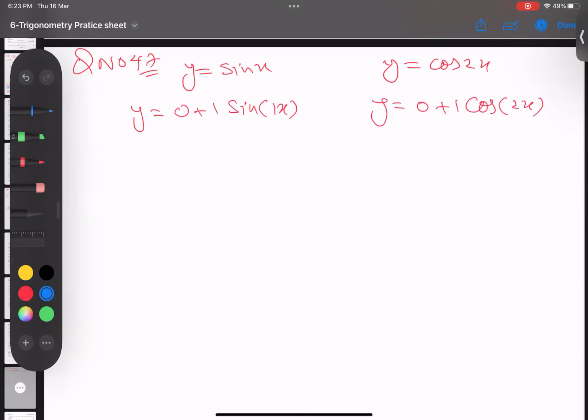All of you are familiar: the adding number is always called the axis, the number multiplying the sine is always called the amplitude, and the number beside x in the bracket is called the number of cycles. So this 0 is called the axis once again, this one is called the amplitude, and this 2 is called the number of cycles.